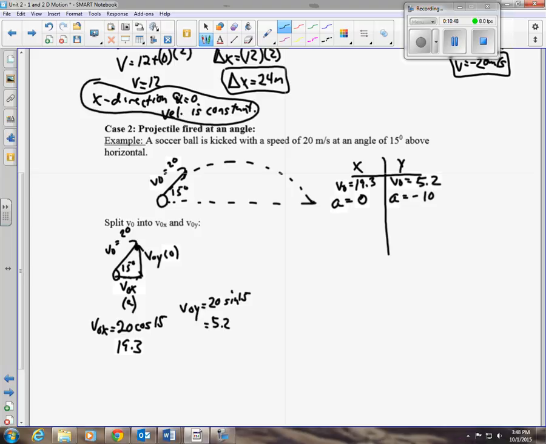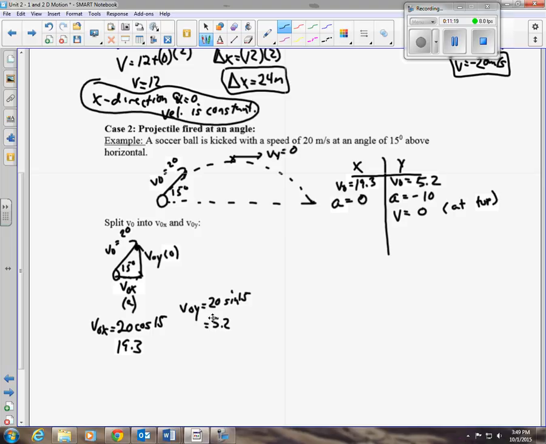I'd like to use this one right up here at the top. At the very top, I can't say that the velocity is 0 because it's still moving sideways, but it's moving straight sideways this way. So the Y component of it is 0. So I can say V equals 0 here at the top. And from what we just talked about up there, the X is constant, so the X component of the velocity there would still be 19.3.